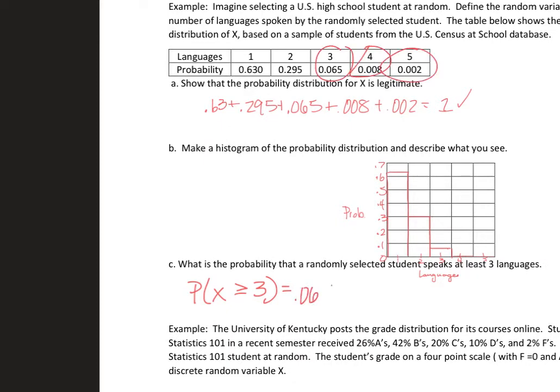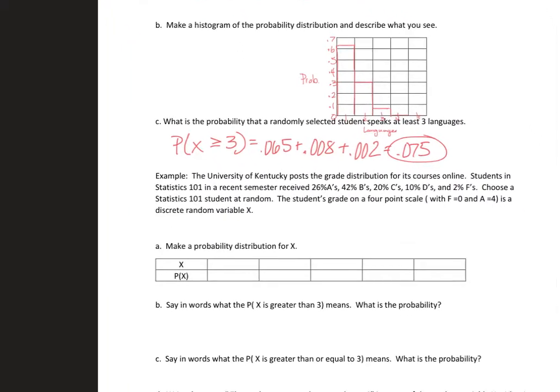So 0.065 plus 0.008 plus 0.002, and that all equals 0.075. And there we go. All right, show your work, get your notation, circle your answer, and then if you're asked to interpret. But we're not on this problem. We'll do an interpretation below.